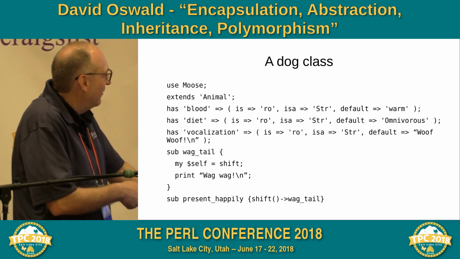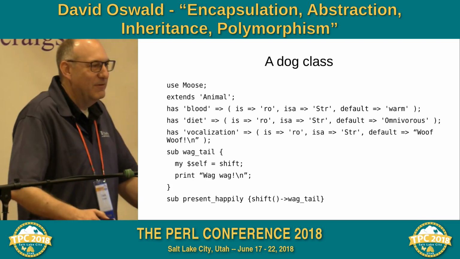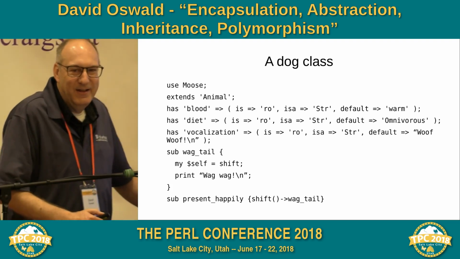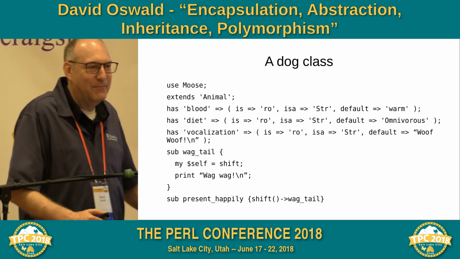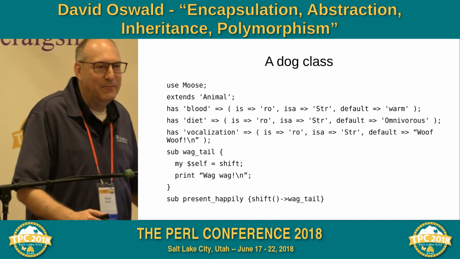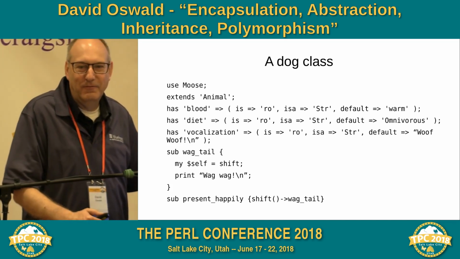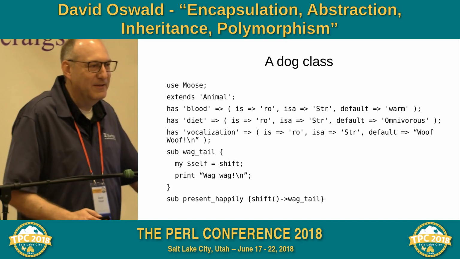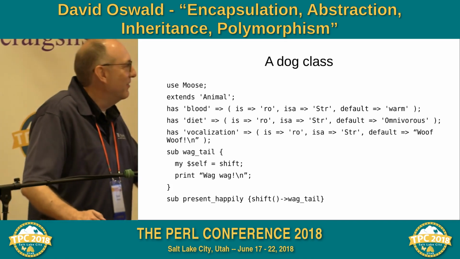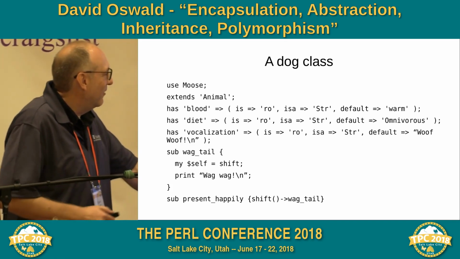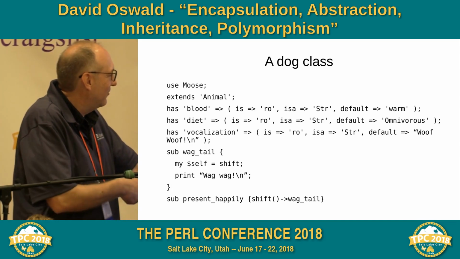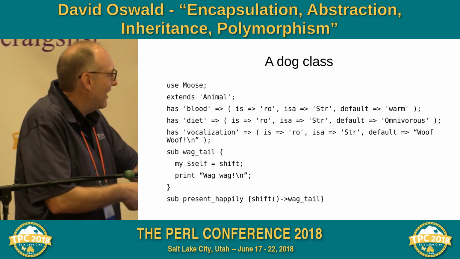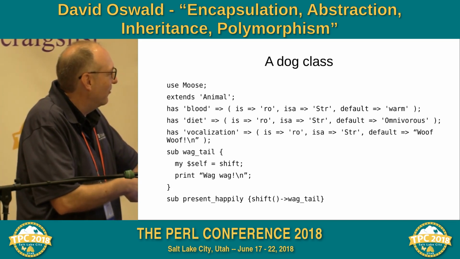And the wag-tail method is going to be called by our presents happily. So now we have a way of presenting happily, and we have a generalized way of presenting happily that hopefully all animals can define their own version of presenting happily. So we're using inheritance, and we are overriding our base class with a present happily that calls out to our own internal version of happy moments.